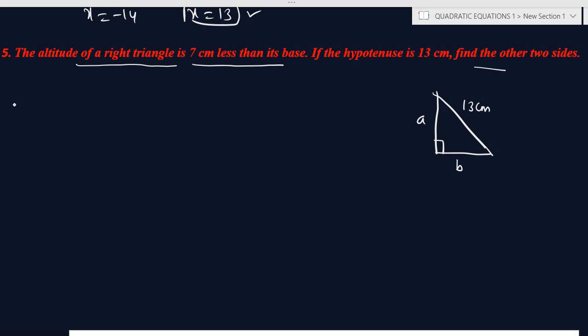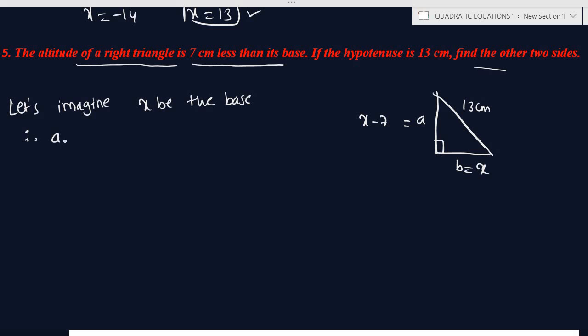Altitude is given how much? It is 7 centimeter less, so let's imagine x is the base. Base is equal to x, and altitude is x minus 7.